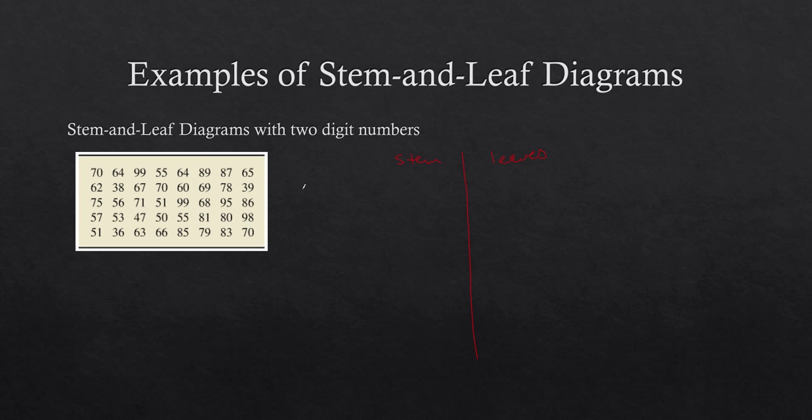Now in a two-digit number, that means this one will always be a stem because we only have two digits, and this one would be the leaf, of course. Okay, so for instance, if we look here, we have numbers in the 30s ranging to numbers in the 90s. So that means my stem is going to be the numbers 3 all the way through 9. So my stems are going to look like this.